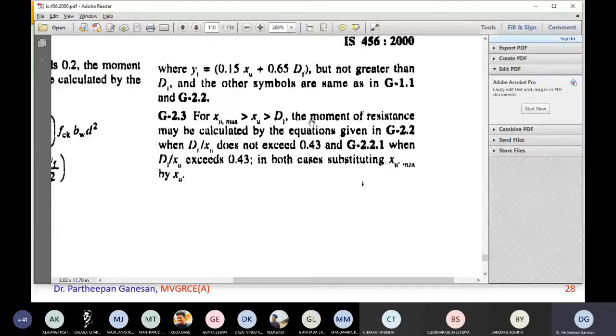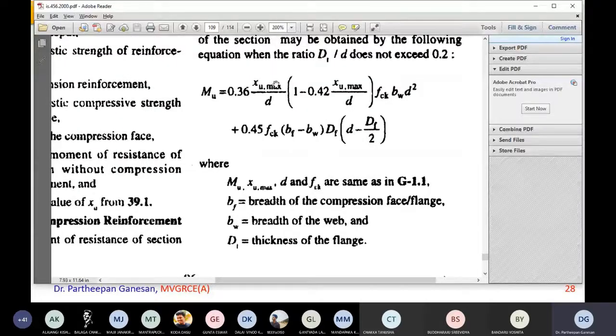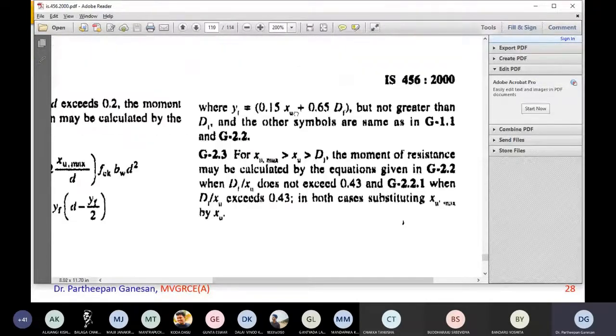Here they are not writing limiting moment of resistance, they are writing the moment of resistance may be calculated by the equation given in G 2.2.2 when DF by XU does not exceed 0.43. When DF by XU is less than 0.43, use this equation, replacing XU max with XU. That's what they are saying here.